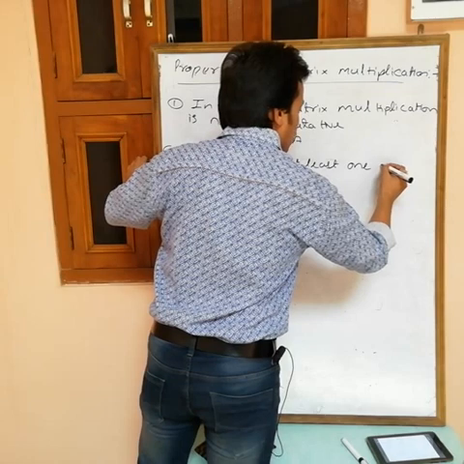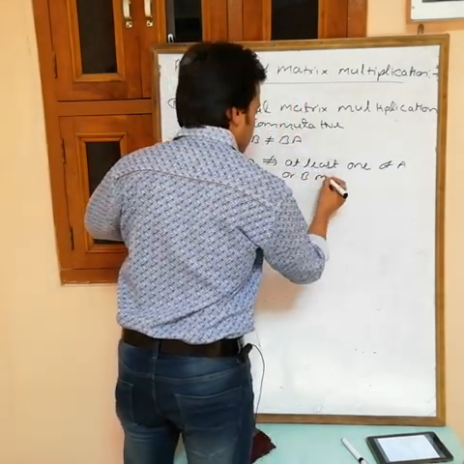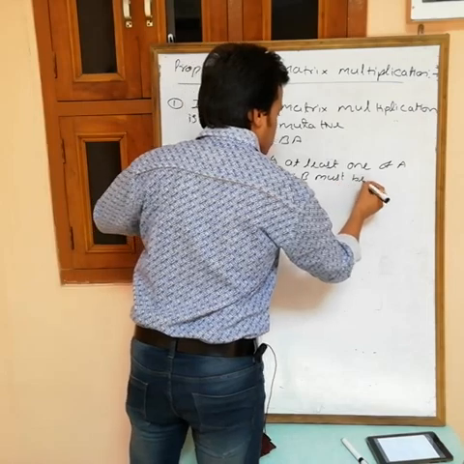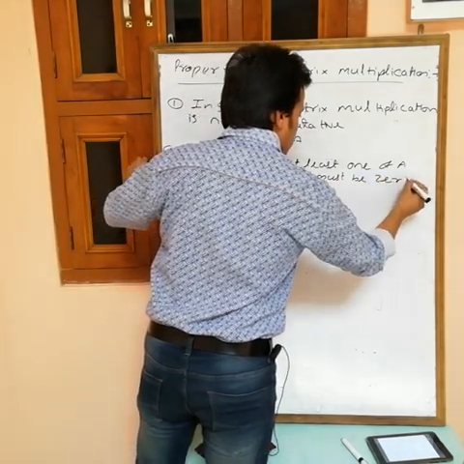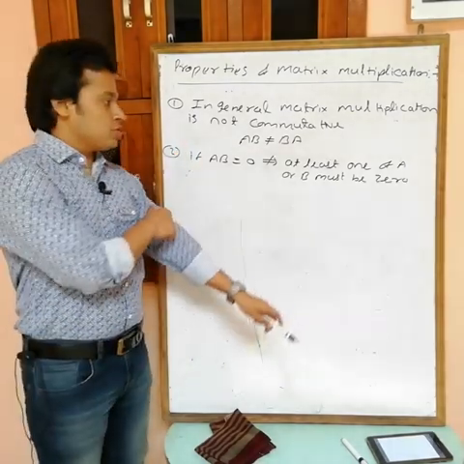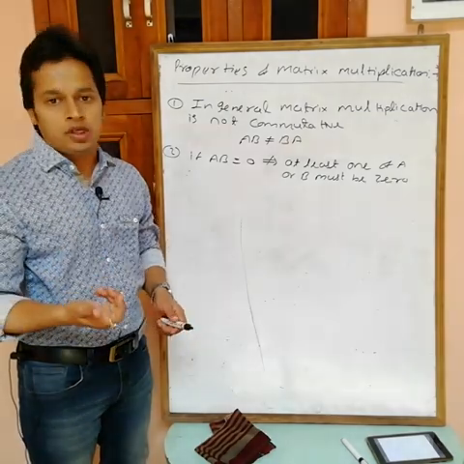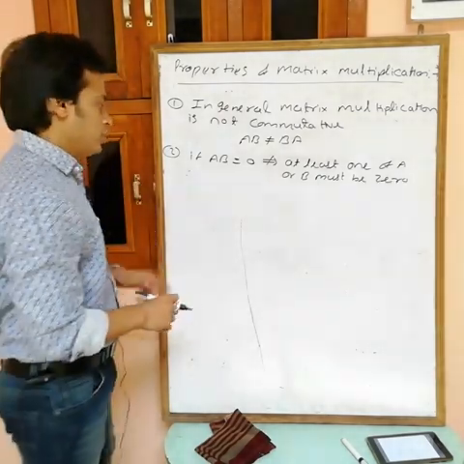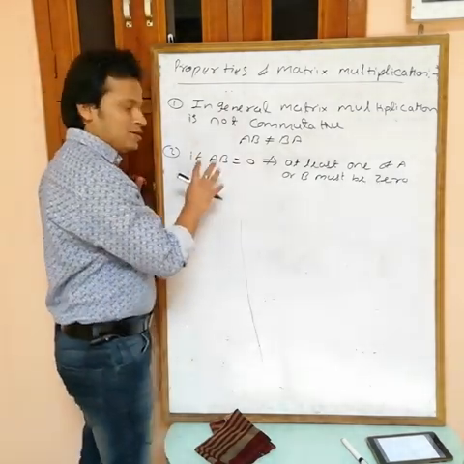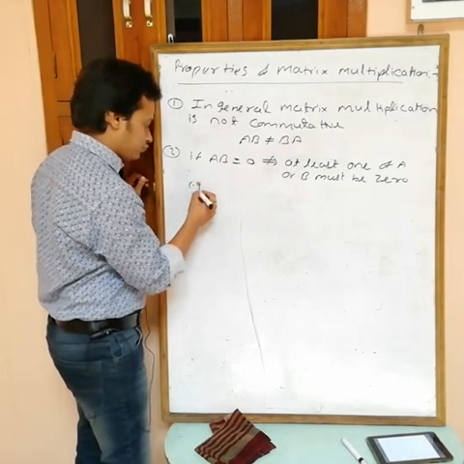If A into B is equal to 0, it is not necessary that at least one out of A or B is the 0 matrix. The example was done previously, but if you want, then see.